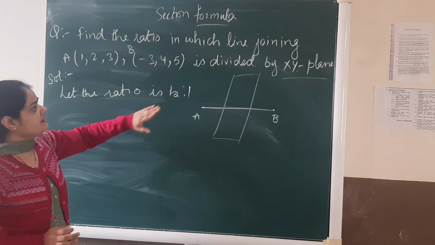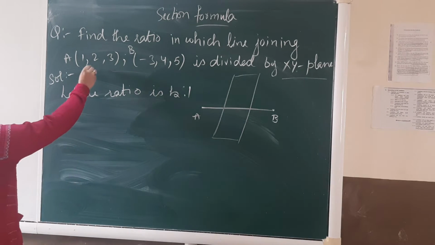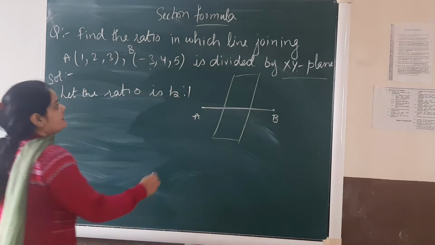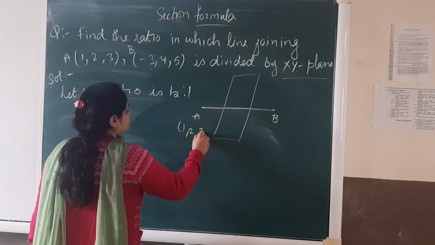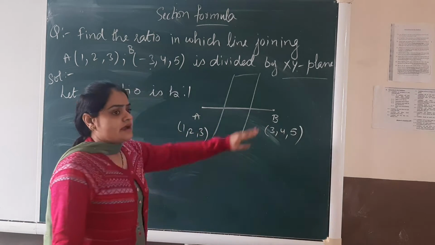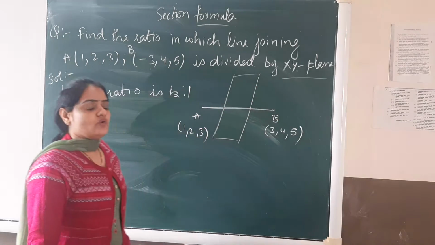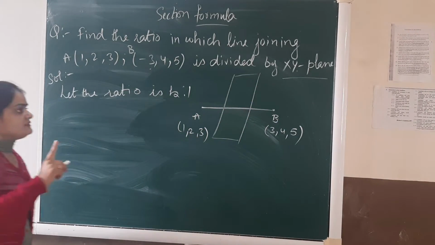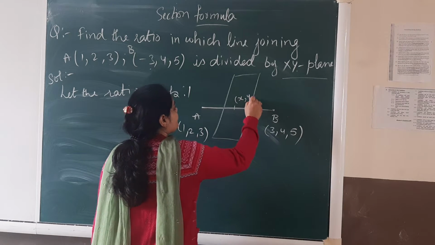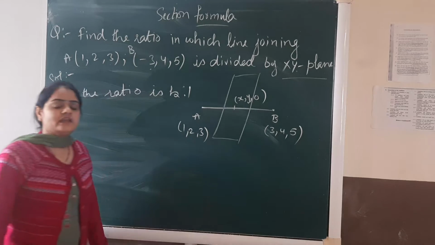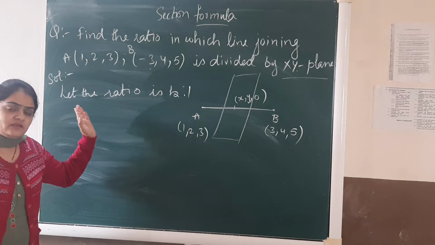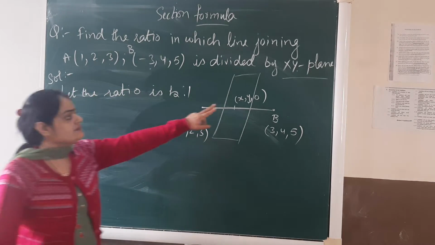Now let the ratio be K ratio 1. Here the first point is 1, 2, 3 and the second point is -3, 4, 5, and the plane is the xy plane. So the point lying on the xy plane will be x, y, 0, because on the xy plane there is no z coordinate, that means it is 0.